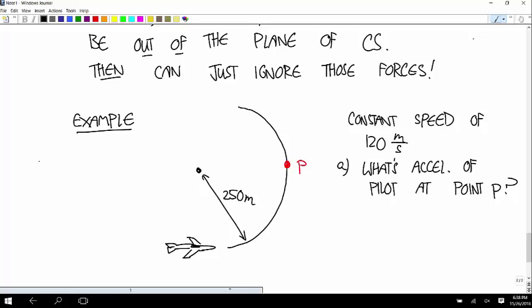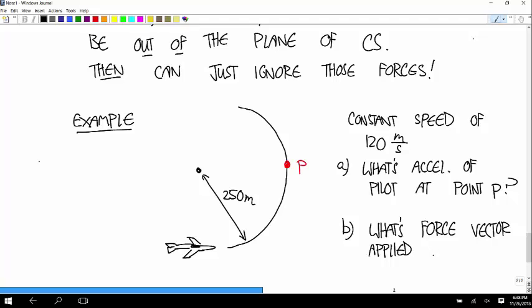And then we want to know, second, what's the force vector applied to the pilot by the seat at this point P?